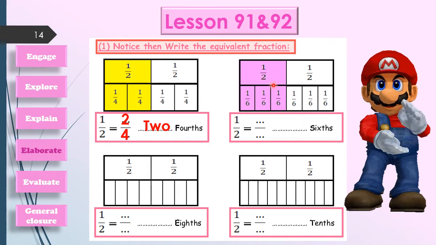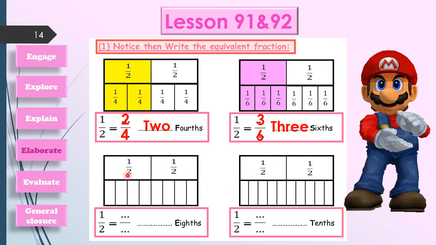Next one, here we have our fraction strip divided into 2 equal parts. Next one is 6 equal parts, and he colored the half of it. Okay, then half equals, in the denominator we have here 6 equal parts, and we colored only 3 parts to make it half. Then half equals 3 sixths, and we will write down here 3 sixths.